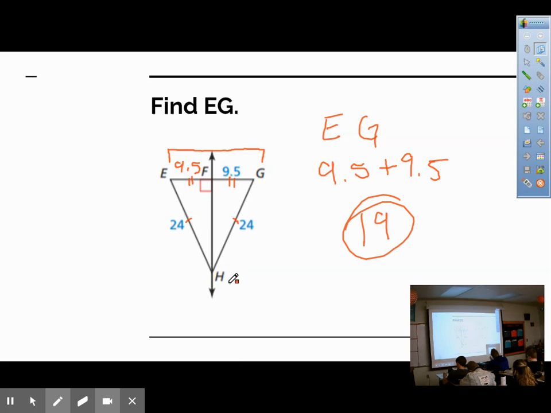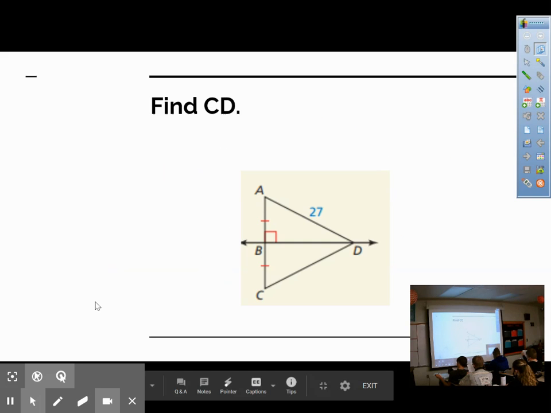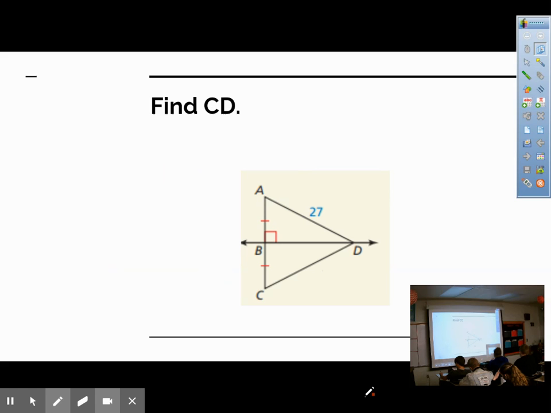Okay. All right, let's try another one together. This one's another one you're going to have to fill in the number because I erased it. All right, Sierra, explain to me the thought process on how to find the length of segment CD. It's on the perpendicular line.